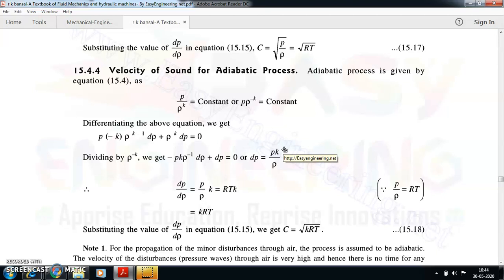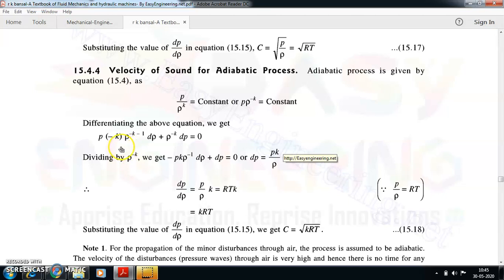Differentiating p and rho, we get p into the differential of rho to the power of minus k, plus rho to the power of minus k into the differential of p, so dp. Differentiating it, p into minus k rho to the power of minus k minus 1 into d rho, plus rho to the power of minus k into dp is equal to 0.